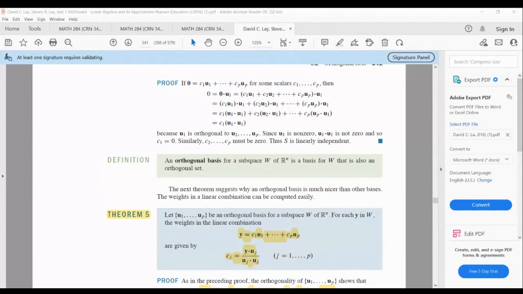In other words, you see how the weights are y dot uj over uj dot uj?